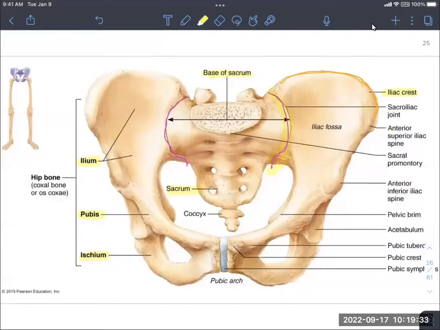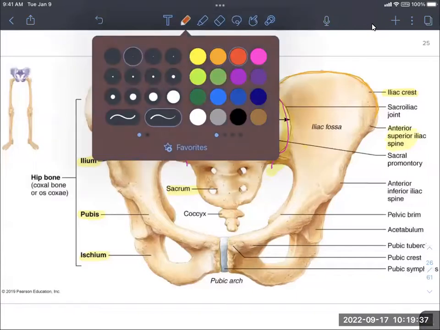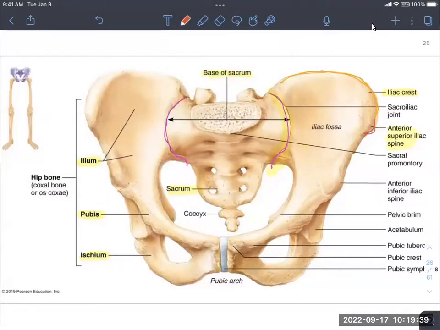We have an anterior superior iliac spine right through here. You can see it really well on this side too. We have an anterior inferior iliac spine through here. You see it along here.